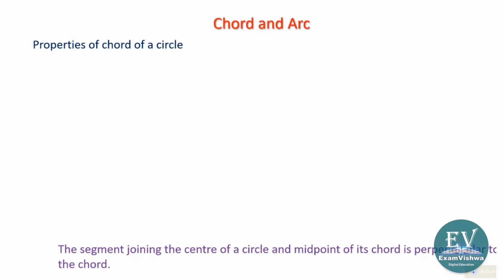How will we do this activity? We need to draw a circle, then we will be drawing more than one, and draw a chord in each circle. Find the midpoint of each chord, join the center of the circle and the midpoint of the chord, and we will name the chord, the midpoint and all.